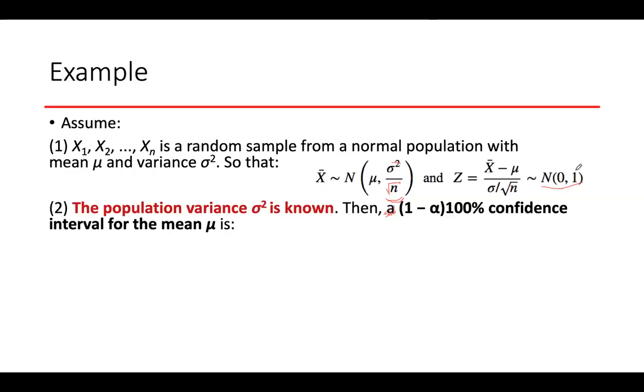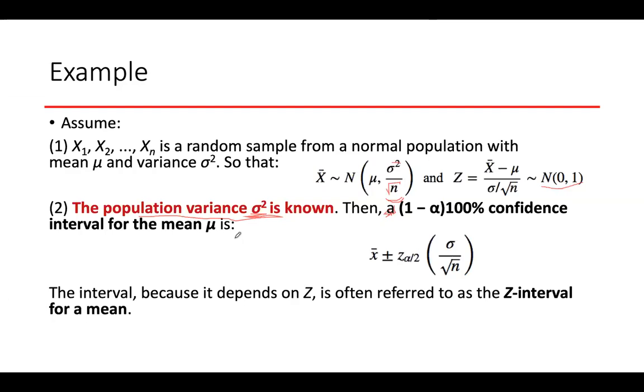Let's move a little bit further. If my population variance is given, if I know my population variance, then I will use this formulation, arkadaşlar. Bakın, this is called confidence interval. It's very easy. I will give you the alpha value, and you will find the sample mean from the data.